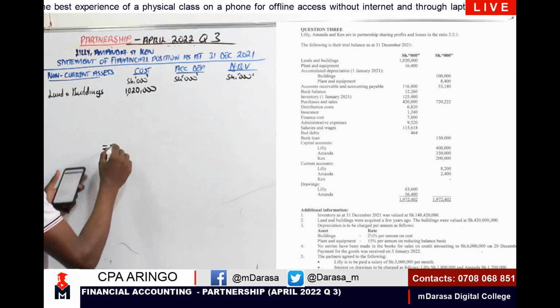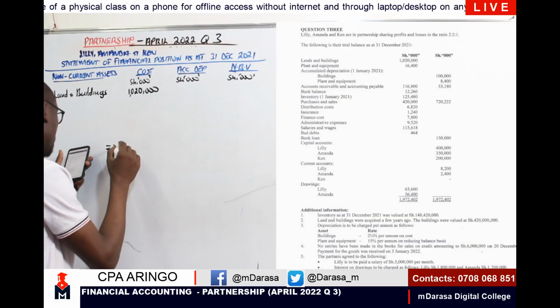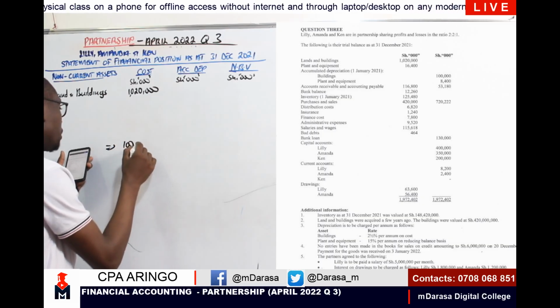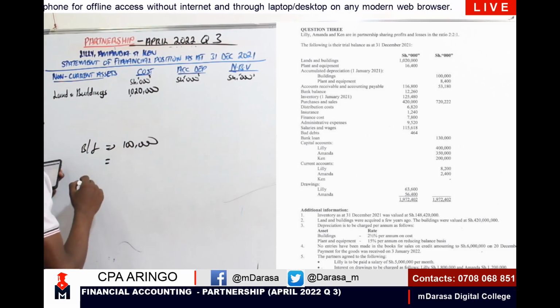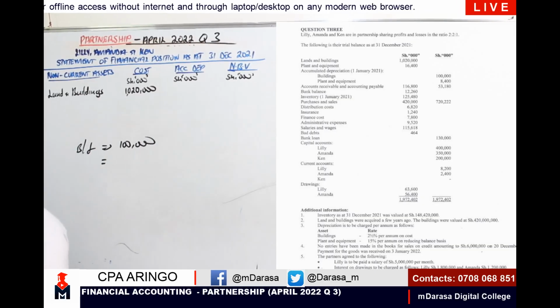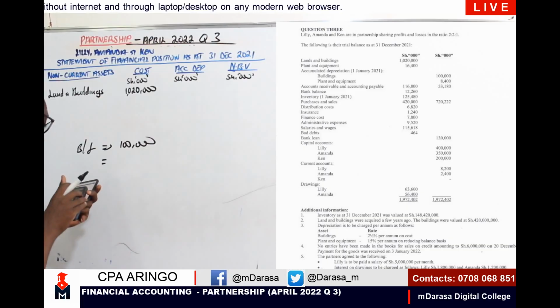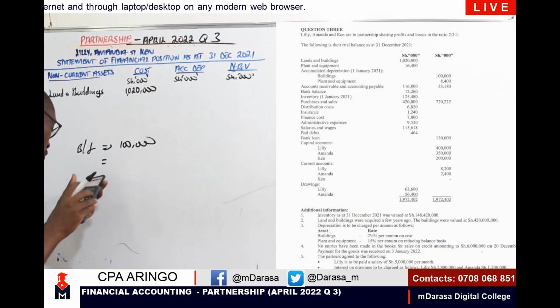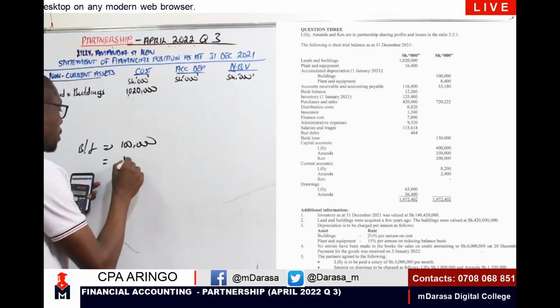Land and buildings, I'm having accumulated depreciation brought forward. I was given a figure of 100,000. Charge for the year, I was given 2.5% of 420,000. 0.025 times 420,000, in that case, I had 10,500.